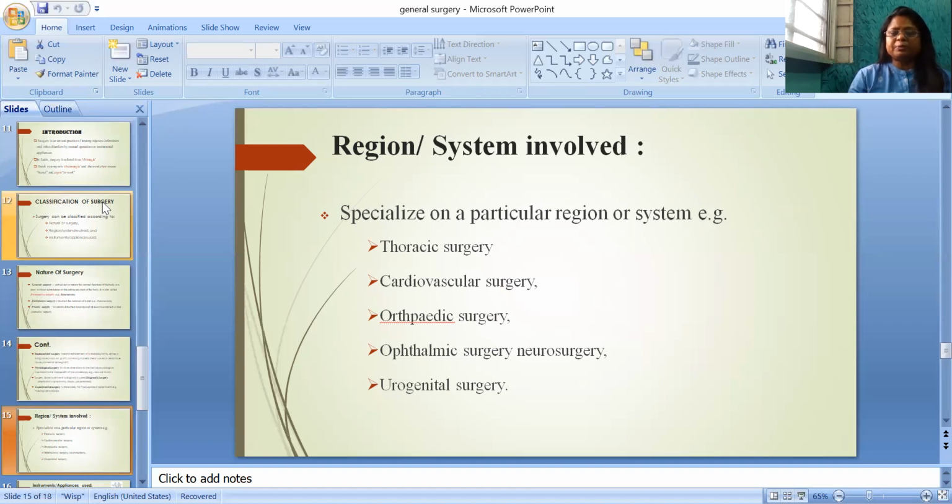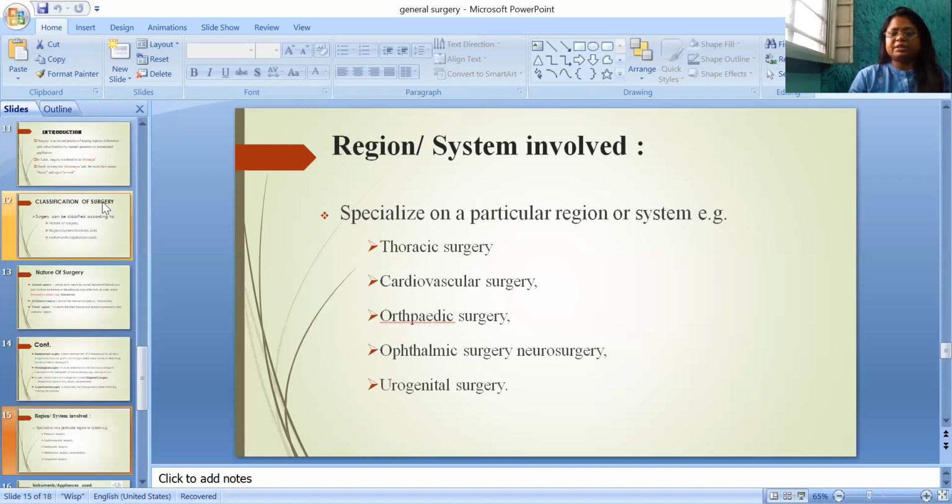If there is any problem in the forelimb, hind limb, spine, or skull, it is related to bone. Problems needing intramedullary pinning, nailing, or plating all come under orthopedic surgery.